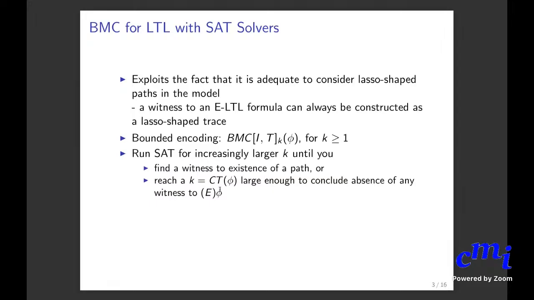and that's what we call the completeness threshold. Earlier in the course, you already saw how this worked for two simple instances of LTL formula: invariant properties of the form G of P, where P is a predicate, and also simple liveness properties of the form F of P, where P is a simple predicate.